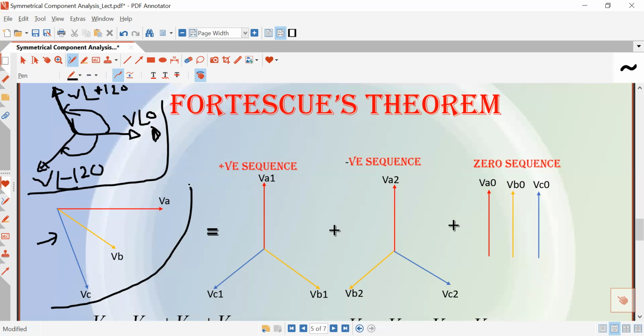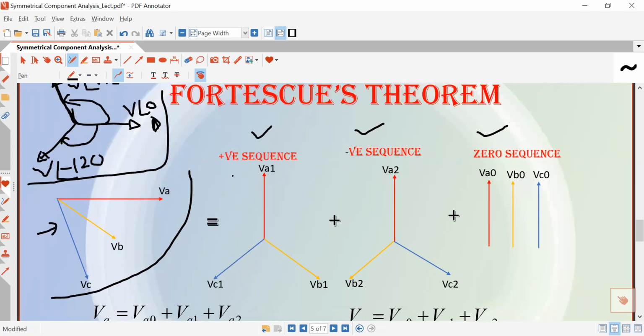The set of these three unbalanced phasors can be resolved into three components, out of which two components will make balanced systems and one component will be zero sequence.